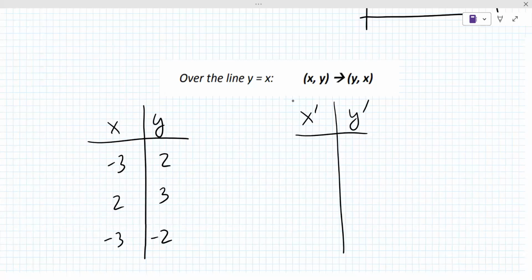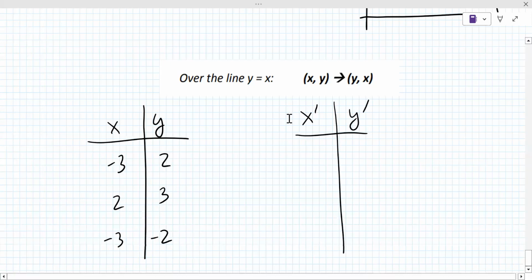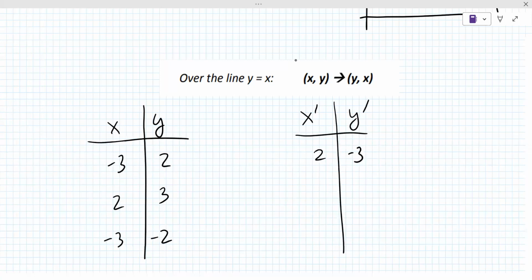Give me those new coordinates, please. These are the new ones? I'm asking for the new. Okay, then that would be (2, -3), (3, 2), and (-2, -3).